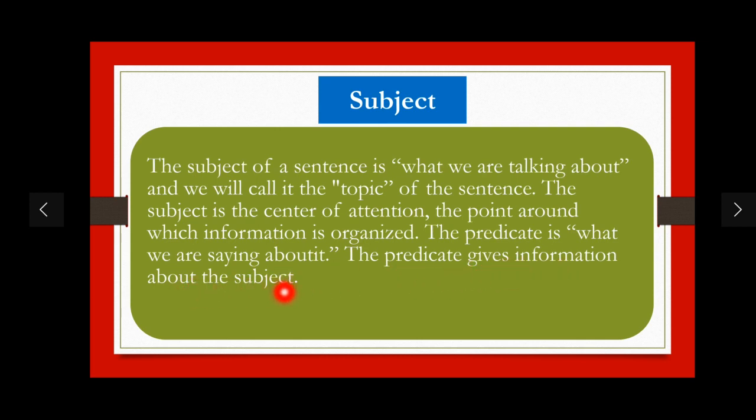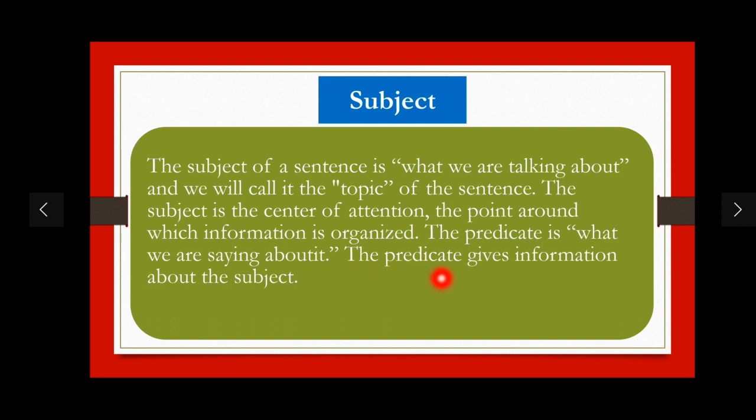It is very important and relevant that you understand we have two things in a sentence. One is the subject, which is called the topic, the center of the sentence, the point around which information is organized. And one is the predicate, what we are saying about the subject.